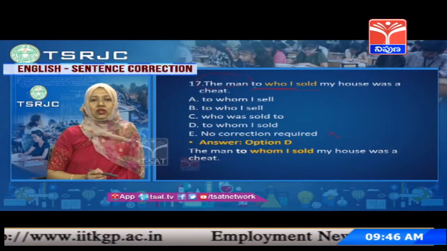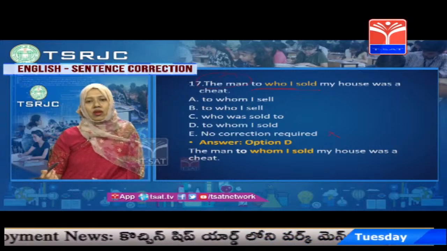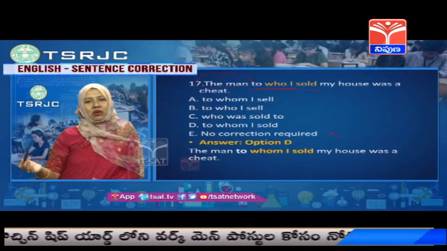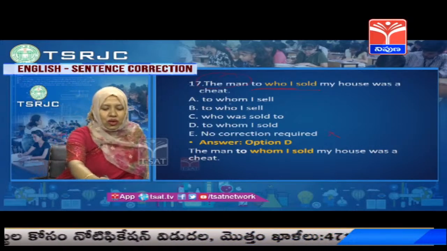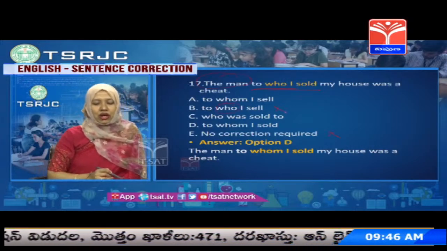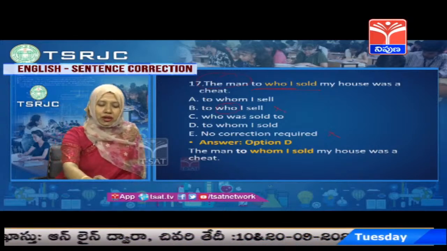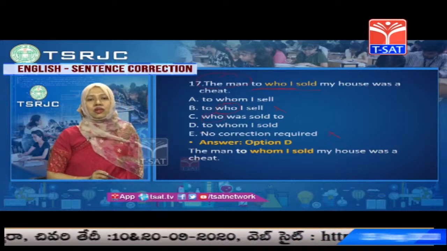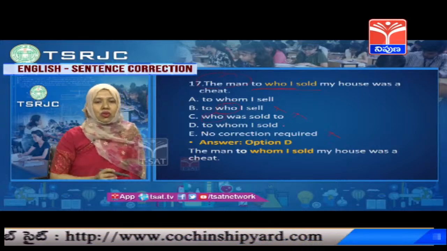Along with to, you should use whom. Now who is wrong. Here in option B who is used, so it is eliminated. Again in option C who is there, this also is eliminated. Now we are left with to.